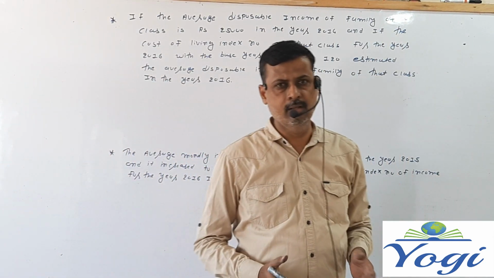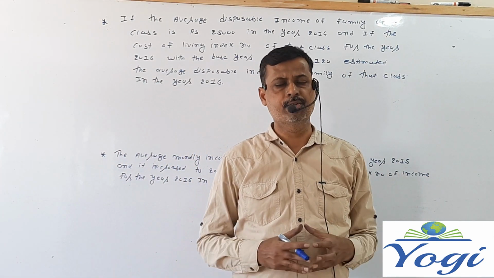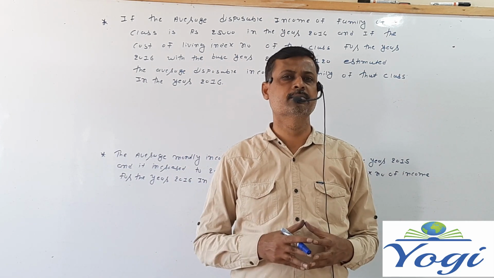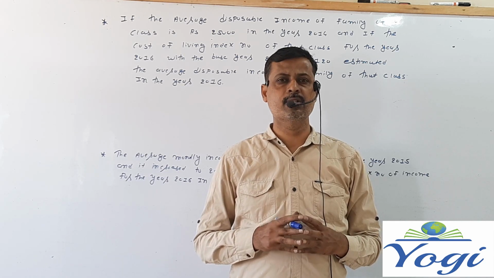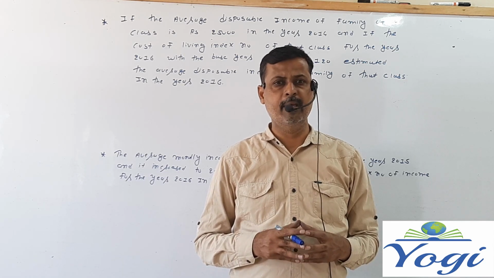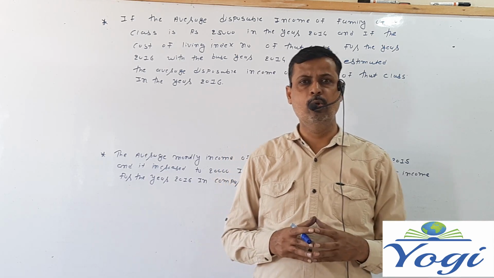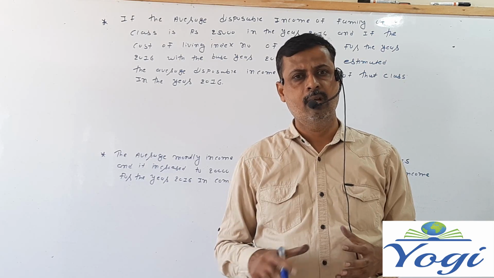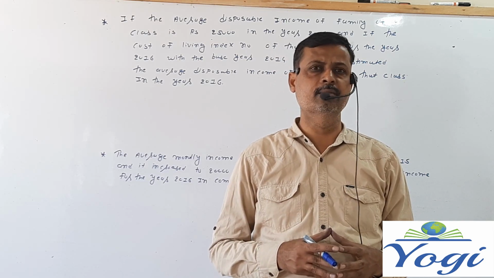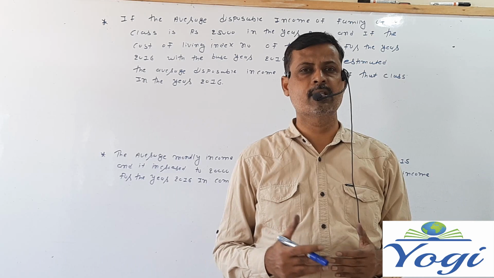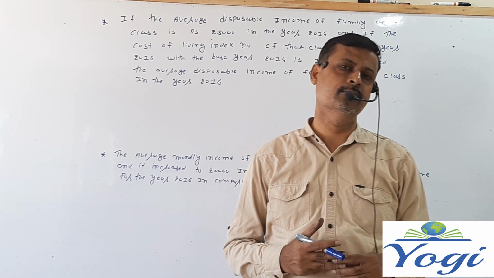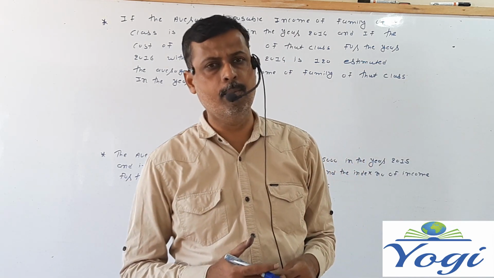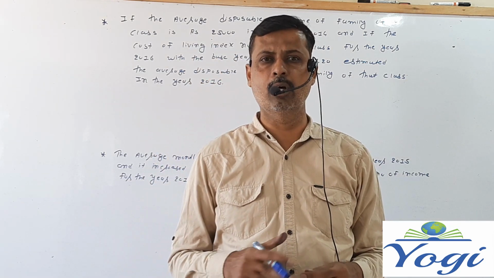So in this example, we have 2 years, 2014 and 2016. 2014 comes first, that is our base year, and as we all know, base year index is always 100, while in the year 2016 cost of living index has increased to 120, and here we have to find the disposable income of a family in the year 2016.